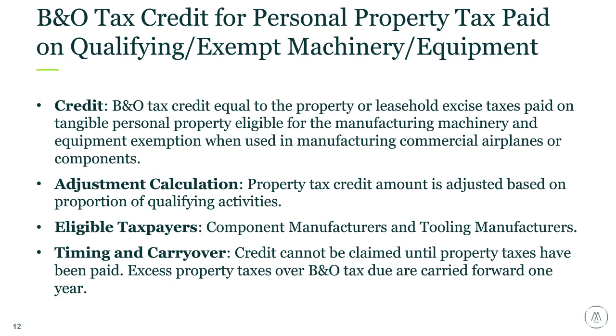I think it's something that if you're doing some sort of manufacturing activity and you are in the commercial aerospace industry, you almost definitely are eligible for this incentive, and so it's unfortunate that so many companies end up missing it. I think we see a lot of companies capture the preferential B&O tax rate to some extent, but this is something that seems to be missed altogether, the property tax credit.